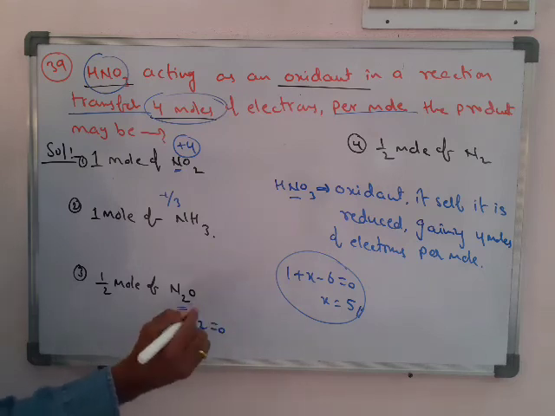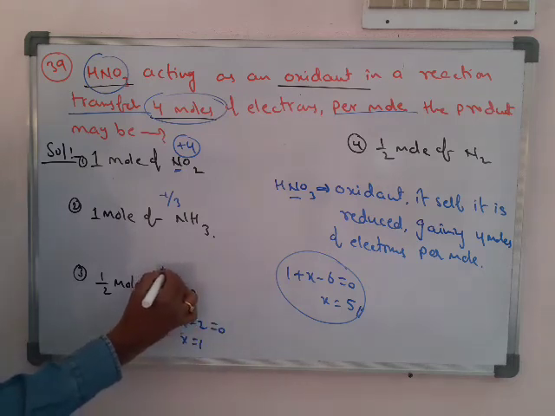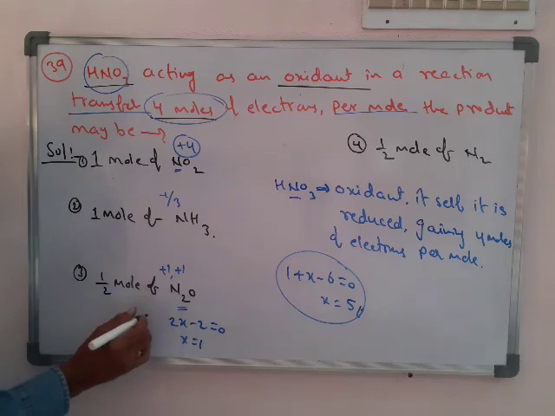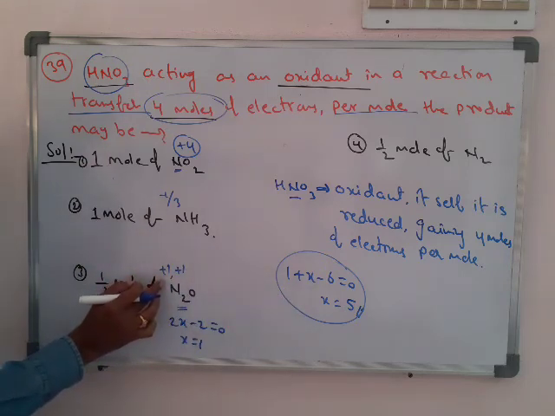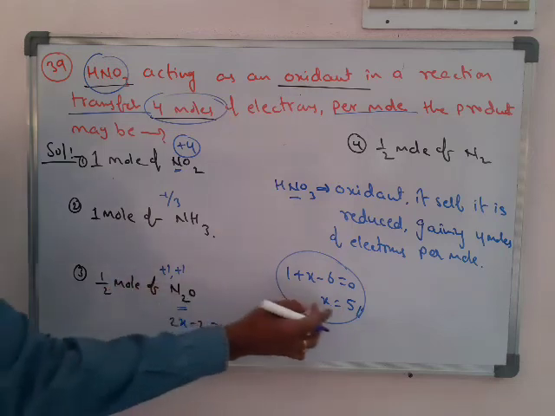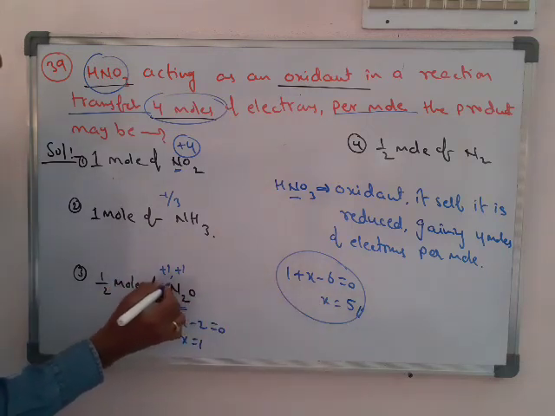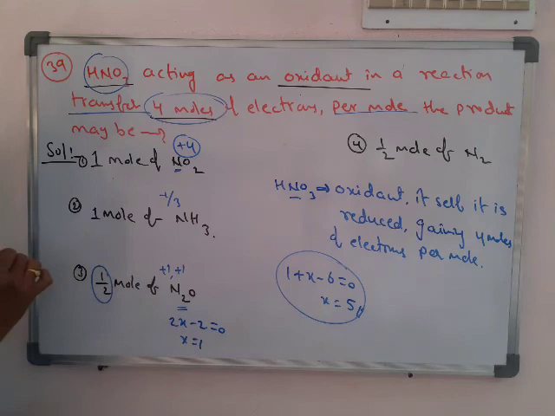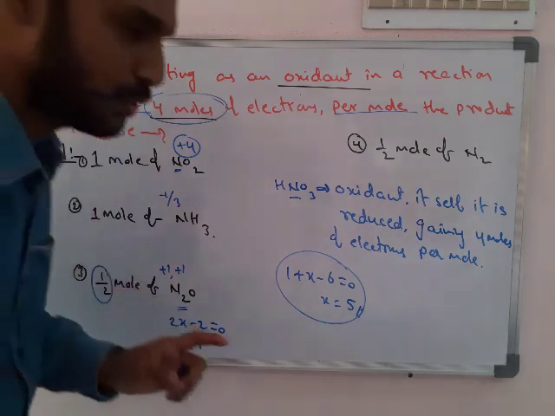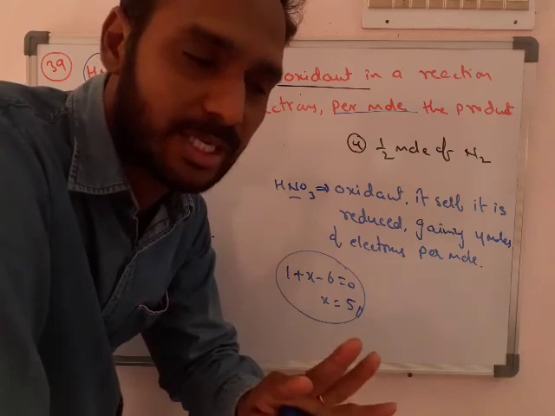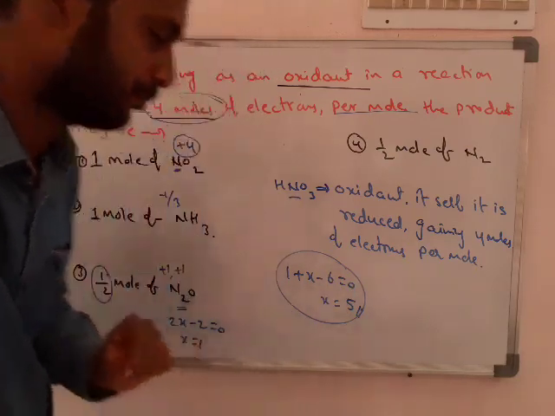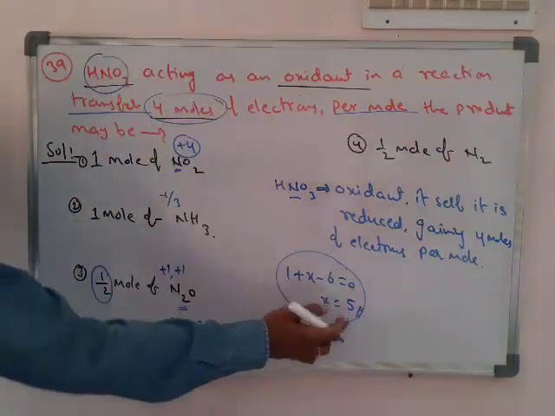Half mole means there is only 1 electron, means here oxidation numbers plus 1 and plus 2. But here oxidation number plus 5 becomes plus 2. It is only given 1 mole, sorry, that is given only half mole. So half mole, so I think it will be the answer. Because the difference should be 4 electrons. So here the oxidation number is 5 only.